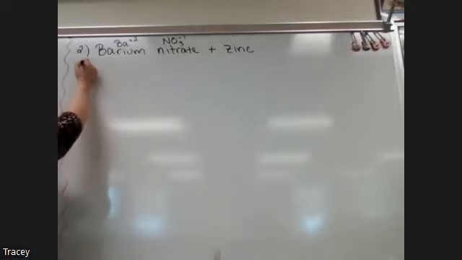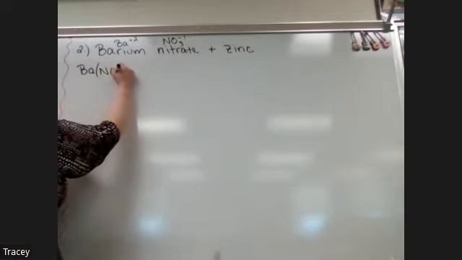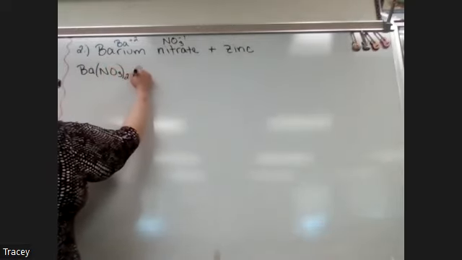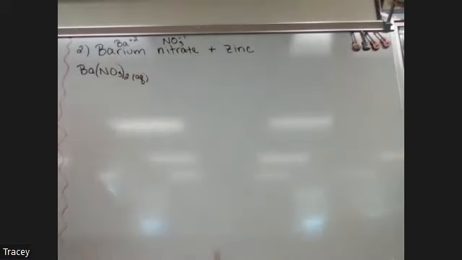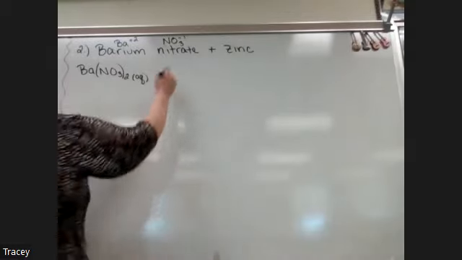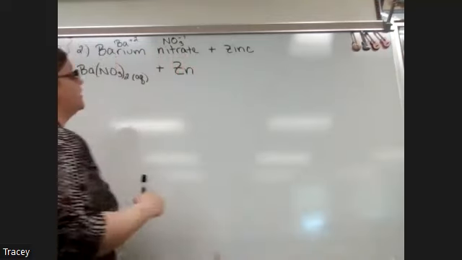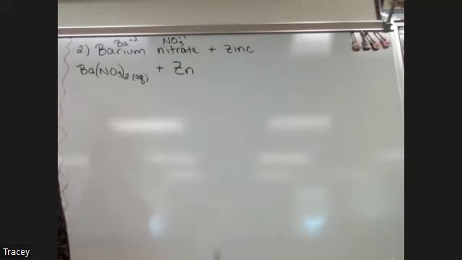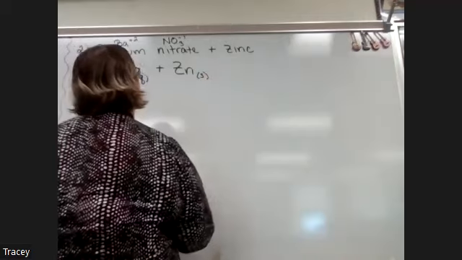So barium nitrate is going to be Ba(NO3)2. And we said earlier this week that compounds in a single replacement reaction are aqueous. We're going to react that with zinc metal. And remember, metals are monatomic, meaning no subscript, and neutral, meaning no charge in the top right corner. And we said that metals are solids.